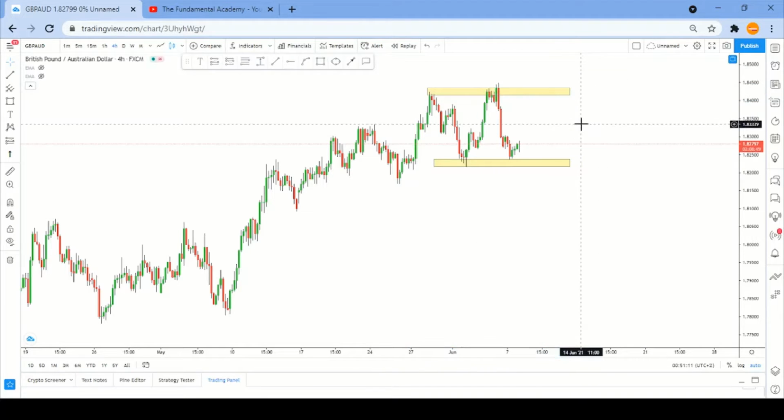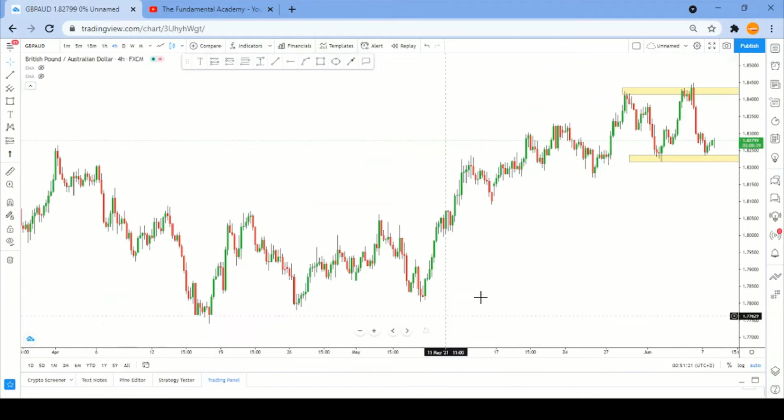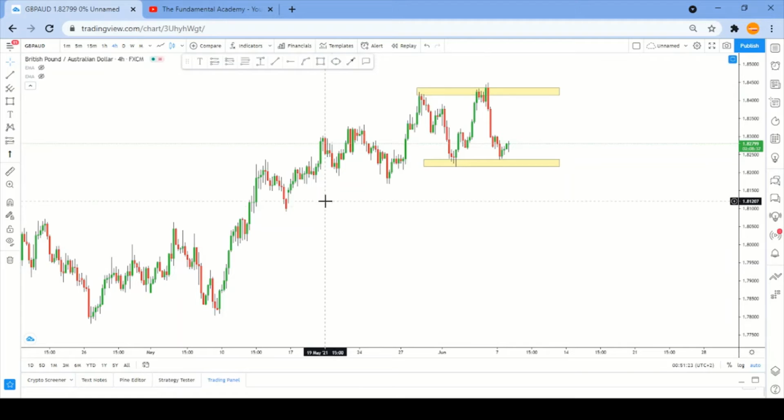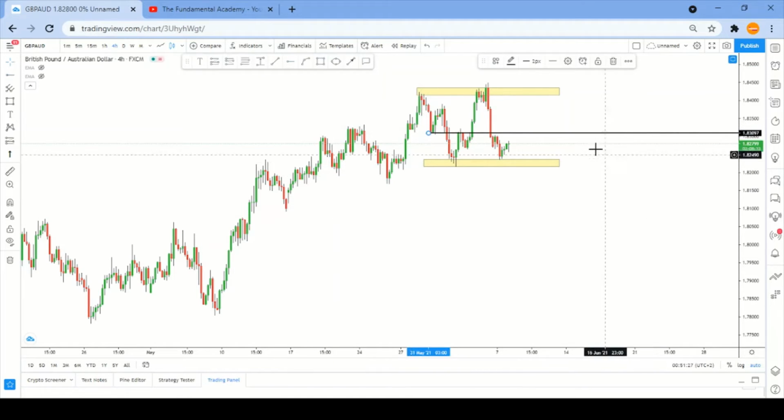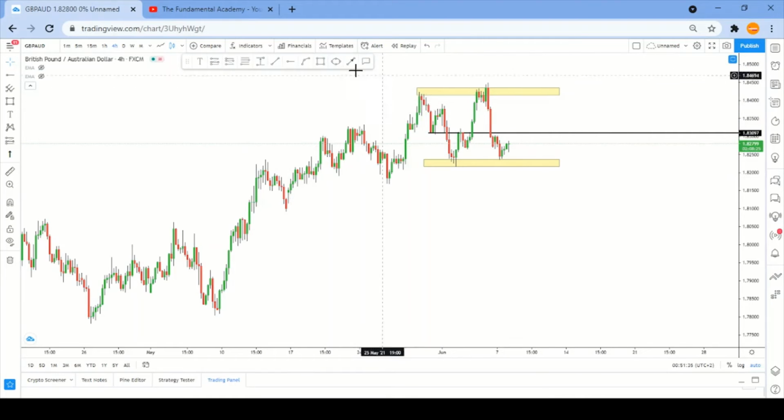I'm going to go step by step through all the pairs that we're analyzing. So now we can see GBP AUD is ranging, which means that we might have pound strength and we have Aussie dollar strength. So if I refresh my chart, this is currently what we're looking at. I see a minor level over here, and this is the trade to take on this pair. So quite easily, I'll tell you to draw another line over there.